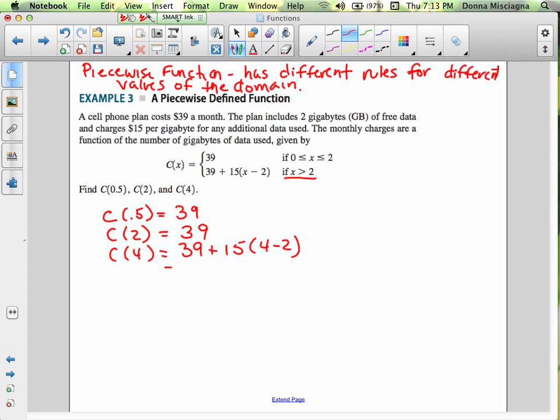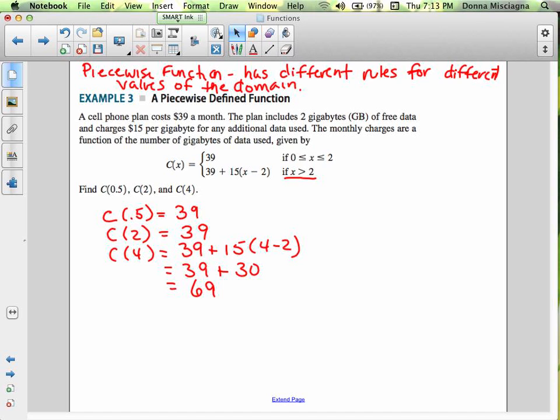That's going to give us 39 plus 15 times 2, or 30, which is $69. Wow, that was pretty expensive, right? So this is an okay plan if you don't use a whole lot of data. If you use a lot of data, this is a lousy plan because you get charged an awful lot for excess data. I think I just get a $15 flat fee.